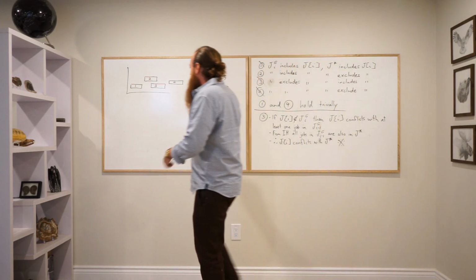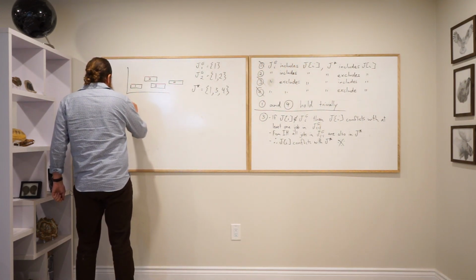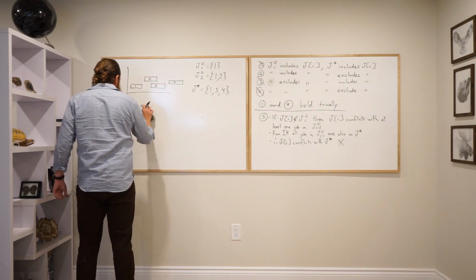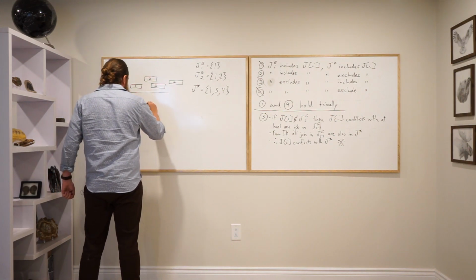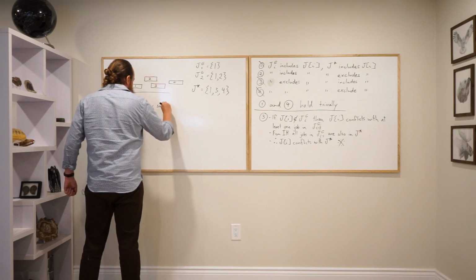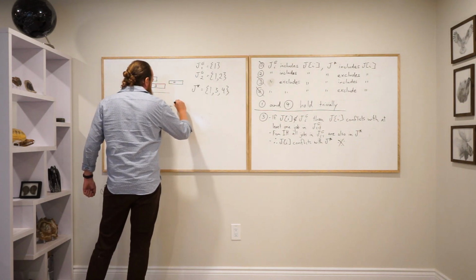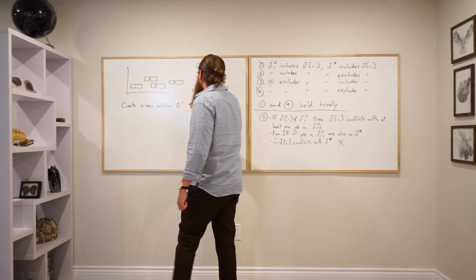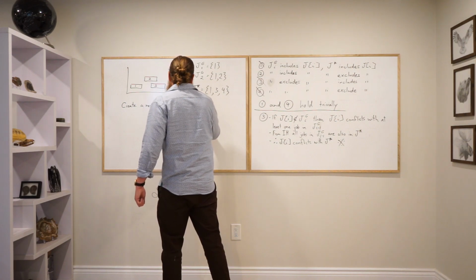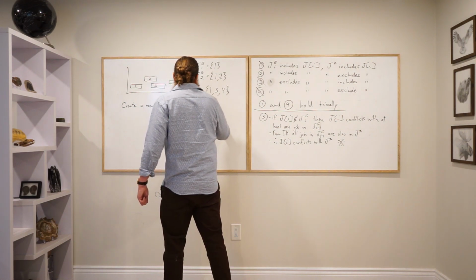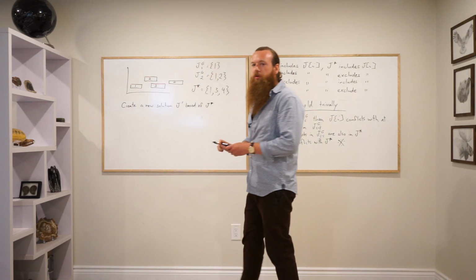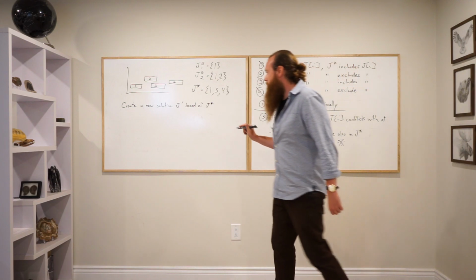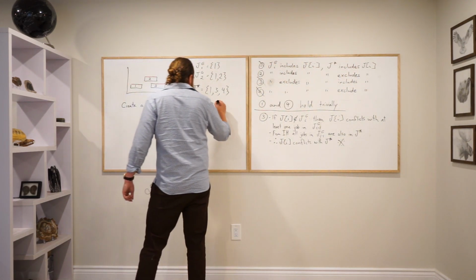I'm going to create a new solution. And I'll call that solution maybe J prime. And I'm going to base that solution off of J star. And I'm going to create this J prime in such a way that 2 things are true.